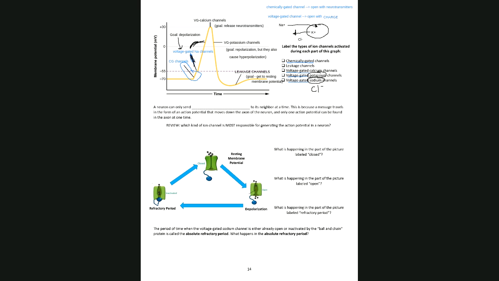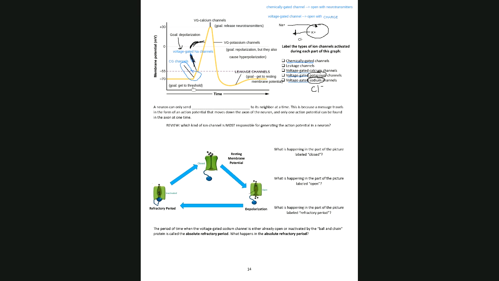The chemically gated channels, I guess we could say that the goal of a chemically gated channel is to get us to threshold. But when you think about the chemically gated channels, the big thing to remember with them too is these are the kind of channels that are directly responding to messages. So if my messages are excitatory, meaning I'm supposed to tell my neighbor, that gets me to threshold.